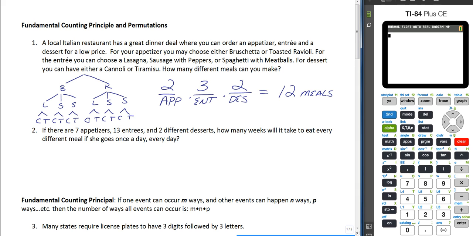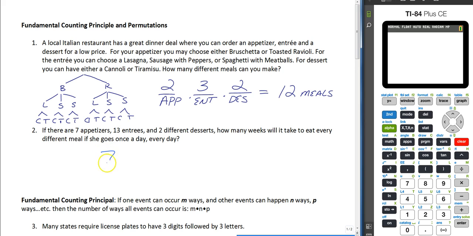Now, this is going to be a little crazy, but I don't know if I would eat at the same place that many times in a row, but we're just going to pretend that you did. How many different weeks would you have to go eat at this restaurant to try every possible combination? So just see if you can figure it out. Click play when you're ready.